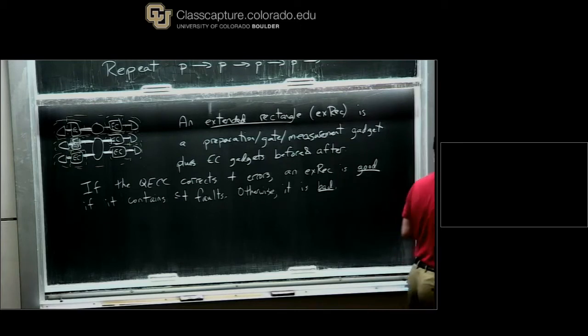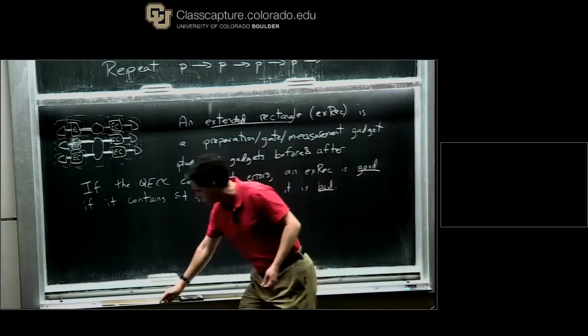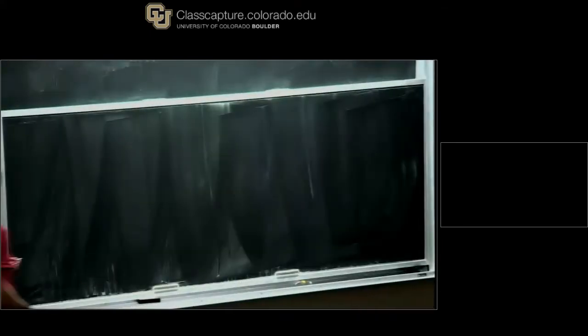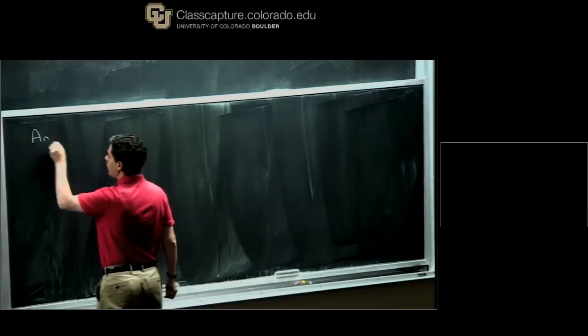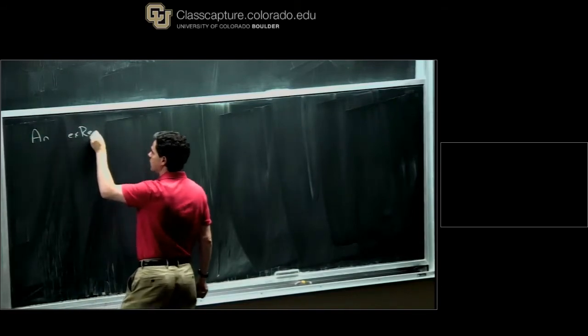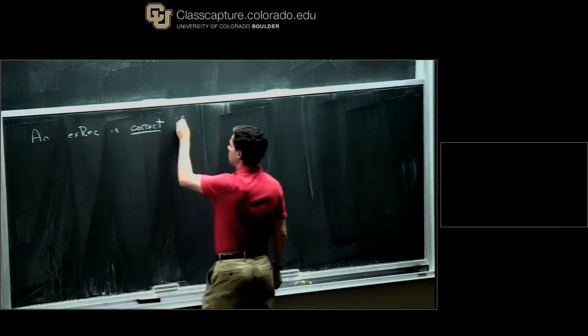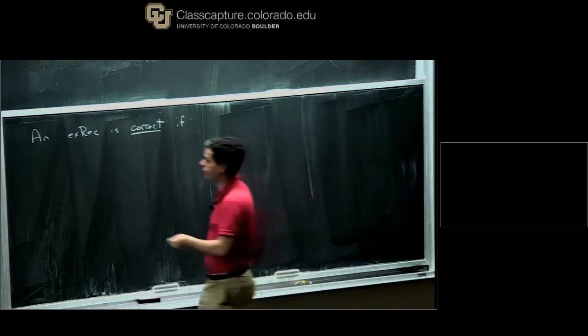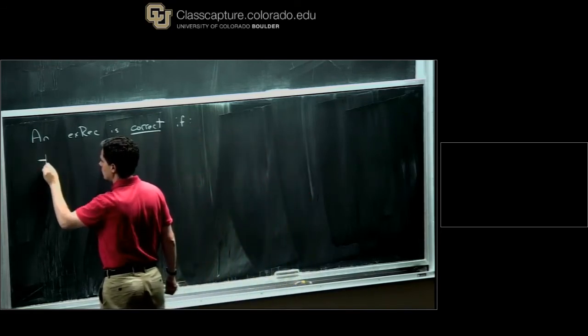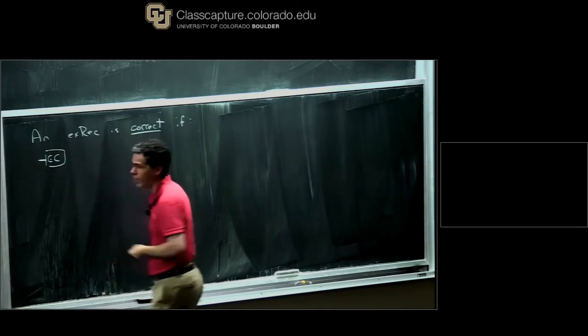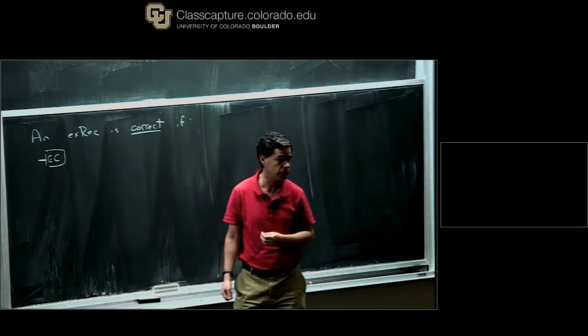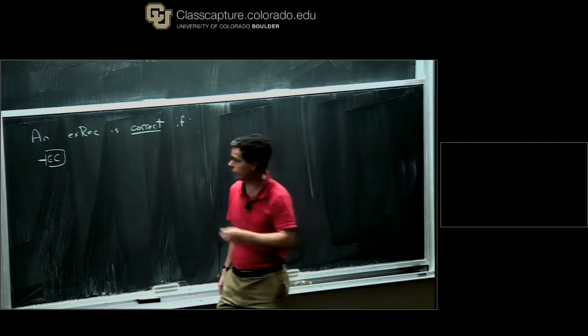Okay. So what does it mean, what we want it to do? So we say an XREC is correct if the following equation holds. So I'm just going to draw this for the gate XREC, but you can come up with something similar for the preparation and measurement XRECs.